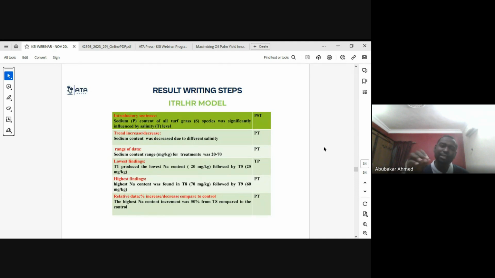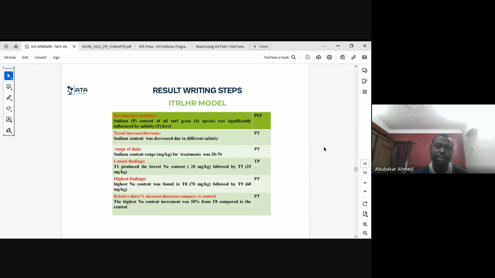Then it has to be in about five sections of how you present it. That is the ITRLHR model. For example, you have your introductory sentence when you are writing your result. We give an example here. We say that sodium content of altar brass species was significantly influenced by salinity, which is the treatment.